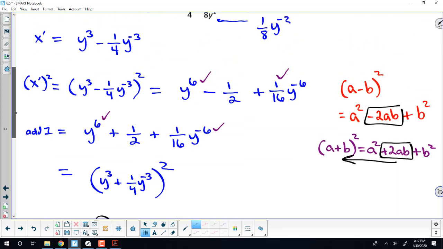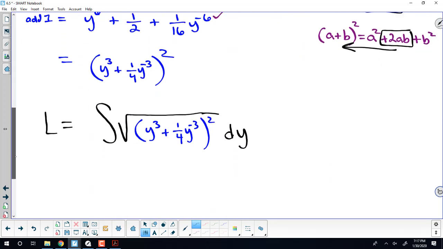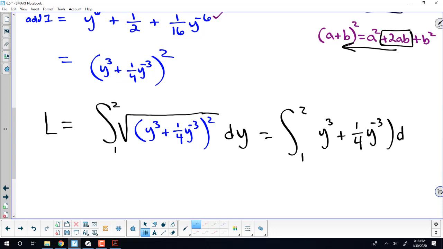And we're from y values from 1 to 2. Because all of that stuff, the square root and the square, of course, cancel out. And then we're just integrating powers of y.